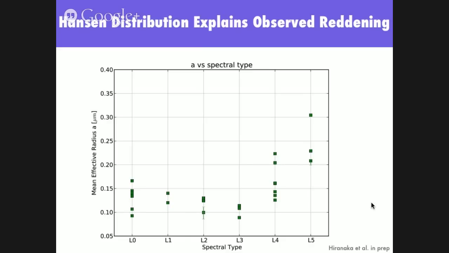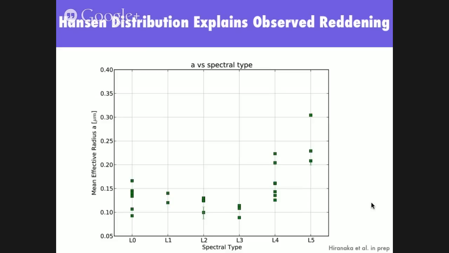So this is radius versus spectral type, and everything is small. Many of them are under 0.15 micron. And another thing here is that L4 and L5 might have different populations of grains.